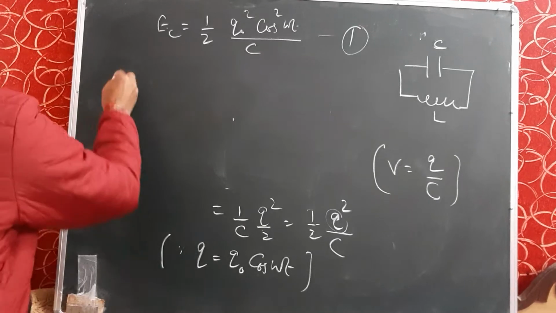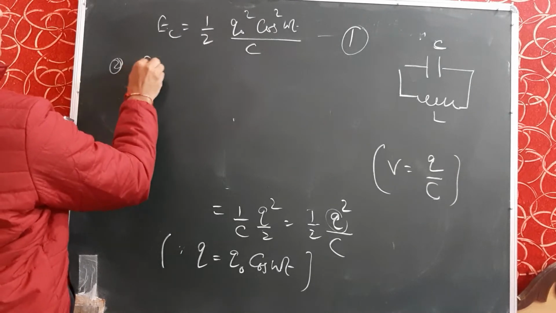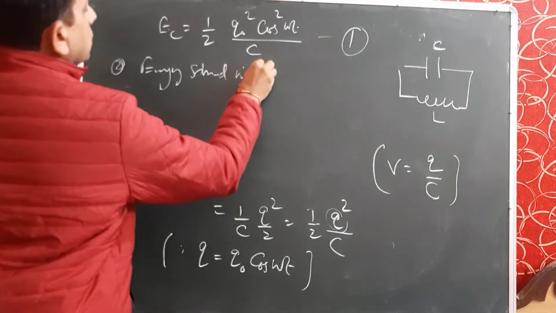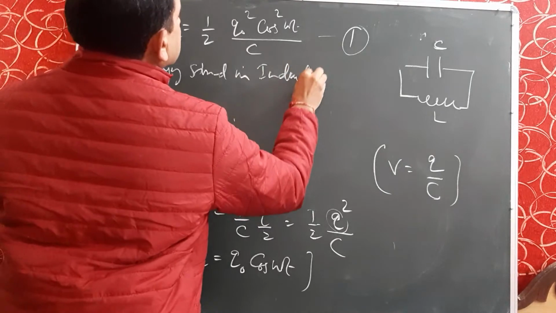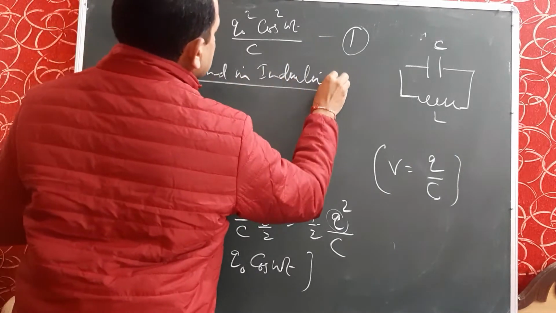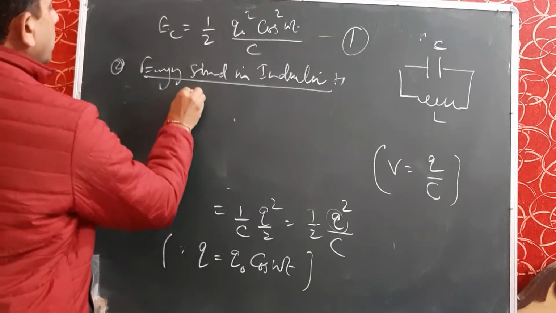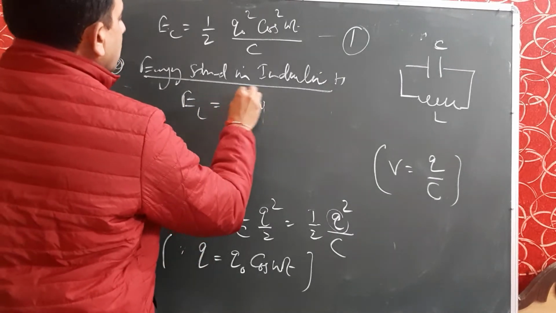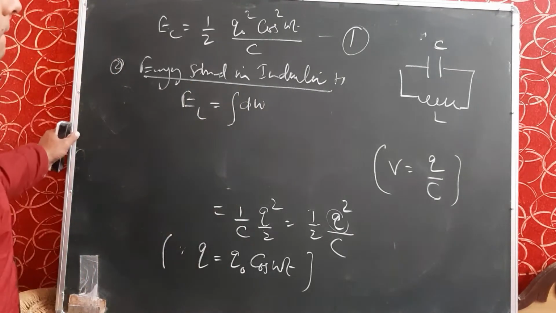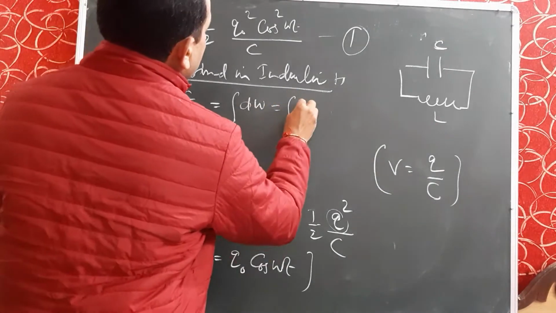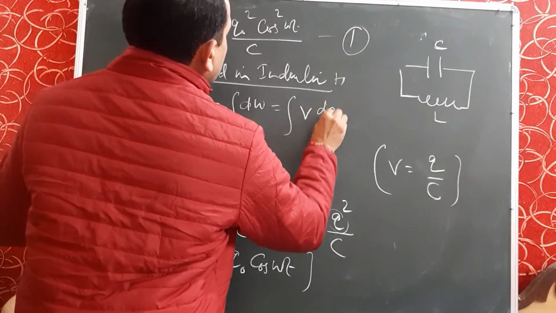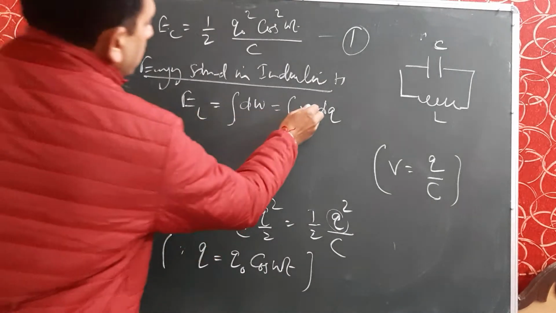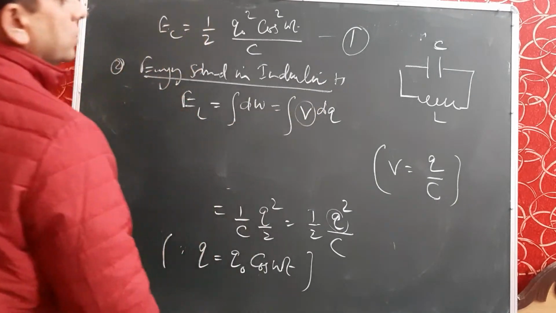Similarly, we will find the second part, that is energy stored in inductor. Again, we know that energy stored in inductor is EL, and it is integral of dW, and dW is further equal to voltage into dQ, VdQ. But the value of voltage is different in case of inductor.